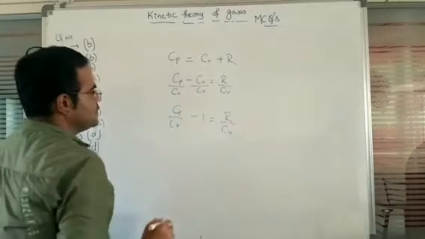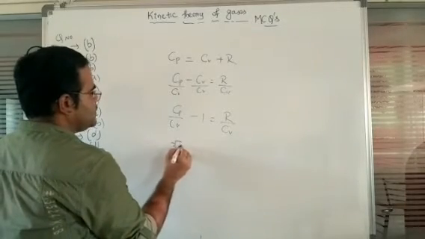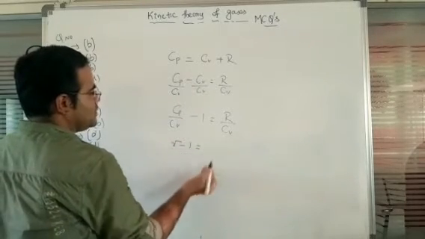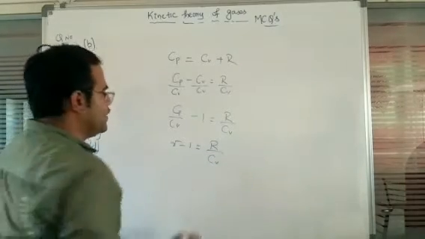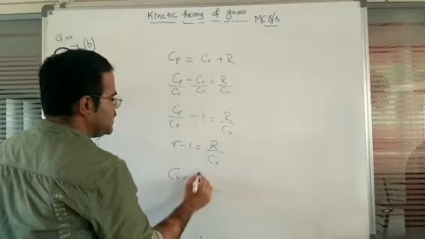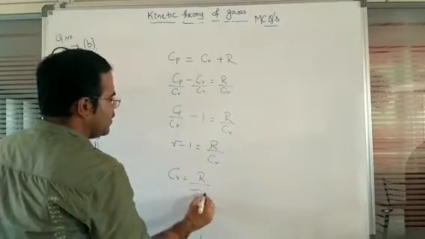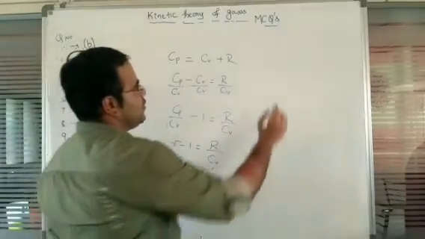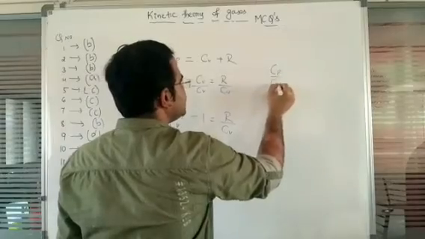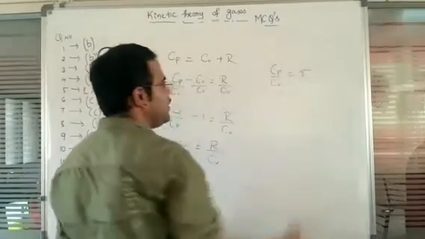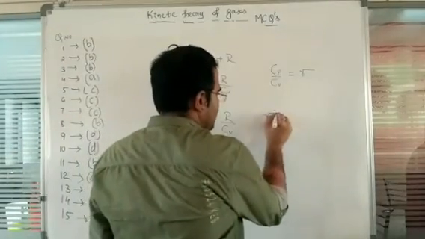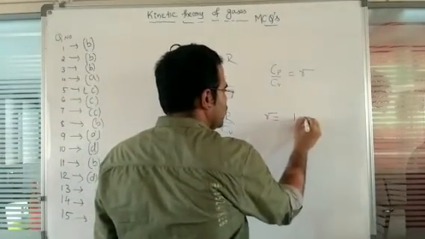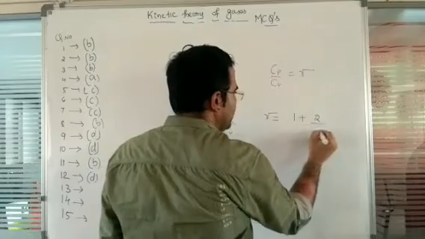This implies Cp divided by Cv is gamma, so gamma minus 1 is equal to R divided by Cv, or else Cv is equal to R divided by gamma minus 1. So from this equation we can say Cp divided by Cv is equal to gamma. And gamma is equal to 1 plus 2 divided by F.